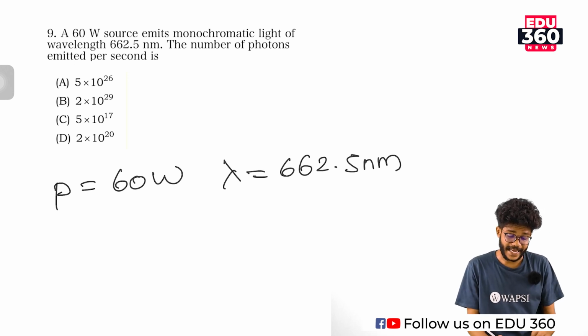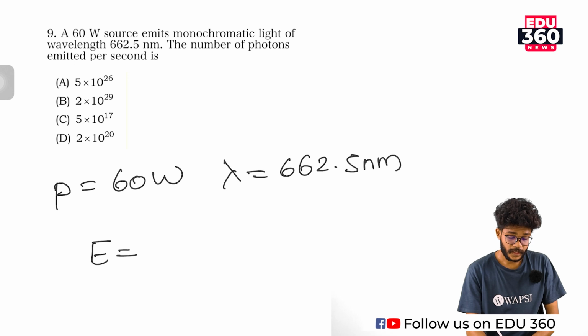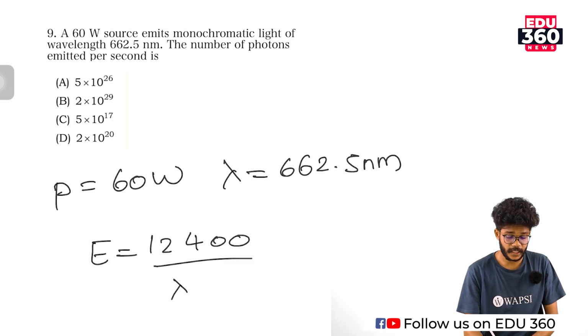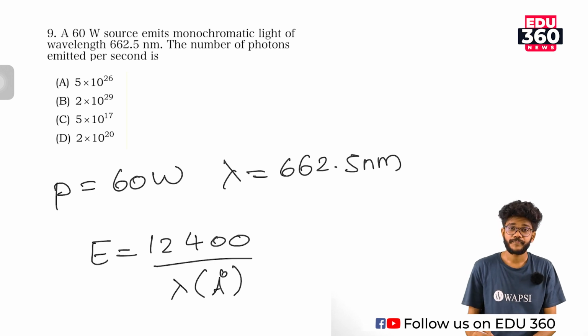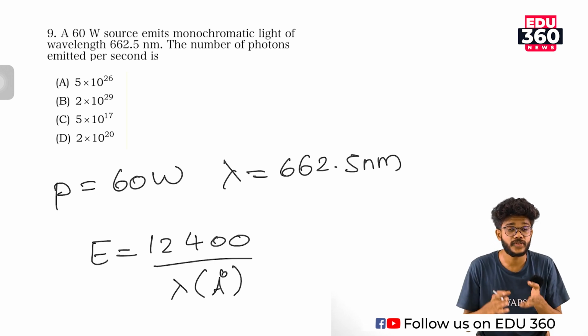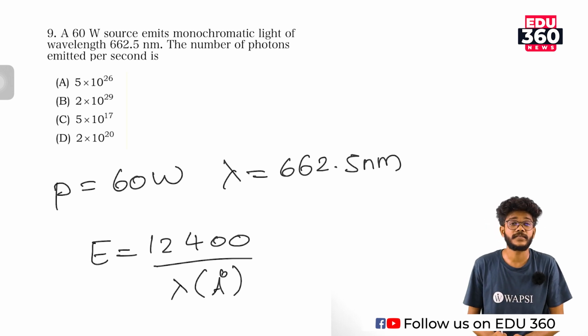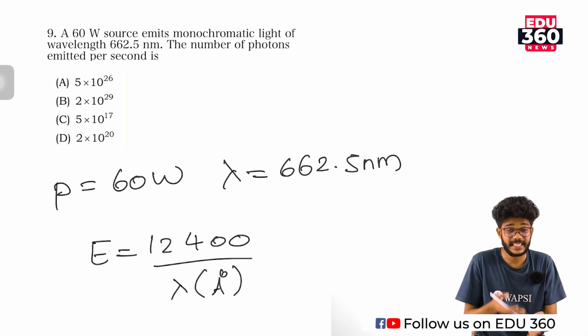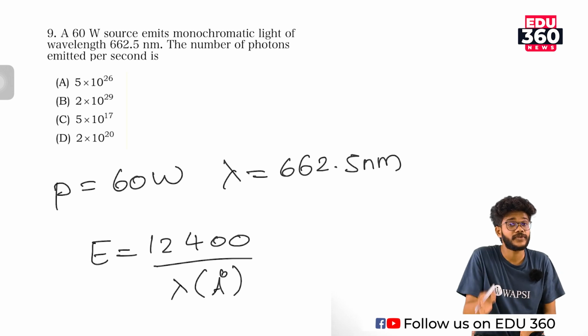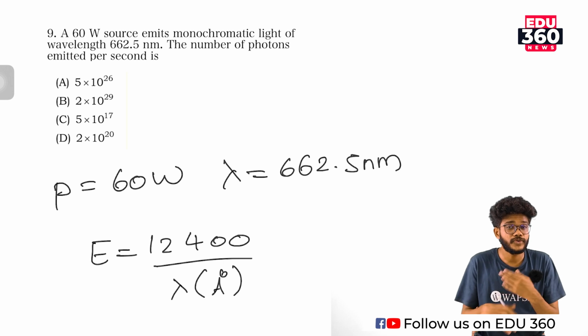So what is the energy here for the lambda? We can calculate the energy as E equal to 12,400 divided by lambda in Angstrom. This energy is in electron volt, so we have to transform the unit from electron volt to joule.